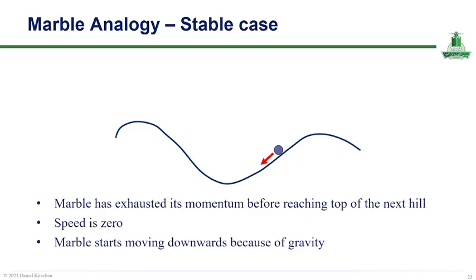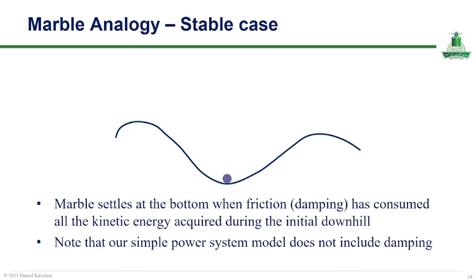The marble then reverses direction and starts rolling back downward toward the equilibrium position, demonstrating a stable condition where the system naturally returns after a small disturbance.